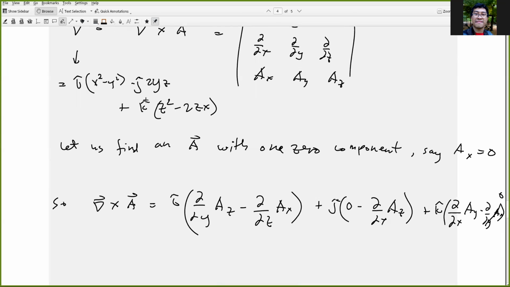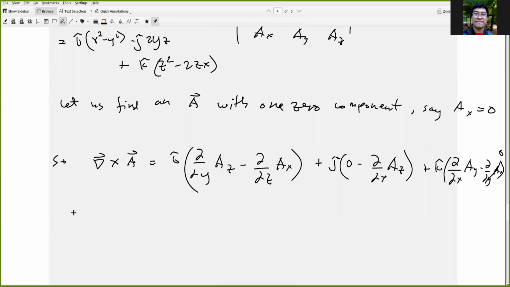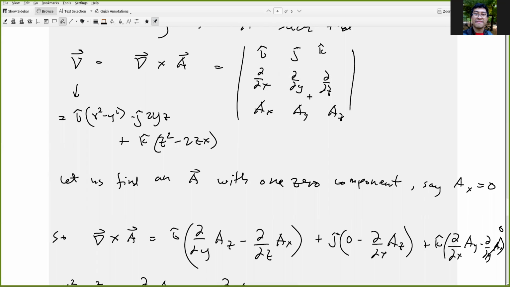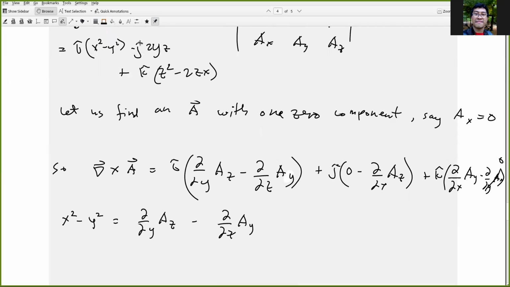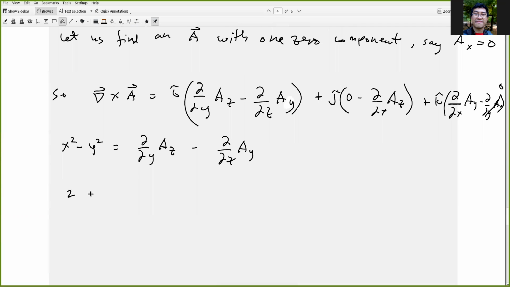So we equate this with this. That would give us, for the i-th component, x squared minus y squared equals partial with respect to y of AZ, partial with respect to z of AY. For the j component, minus 2yz, that would be this, or 2yz equals partial with respect to x of AZ.